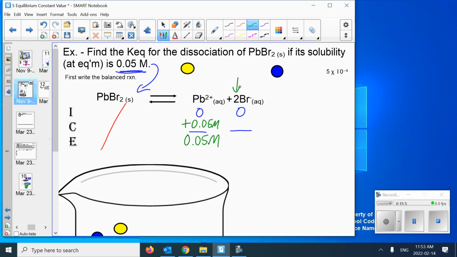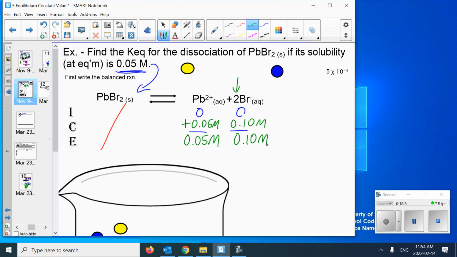There's twice as many, so 0.10. The math is easy, 0 plus 0.10. Okay. We know how to do these without diagrams, but I just wanted to show you. Okay, we got this.